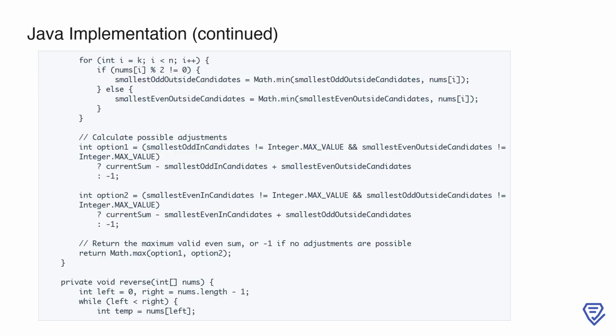Each of these adjustments is only valid if the respective values exist, meaning they are not equal to Integer.MAX_VALUE. Once we have the potential adjustments, we compare their results using Math.max to return the largest valid even sum. If neither adjustment is possible, we return -1, indicating that no valid even sum can be achieved.